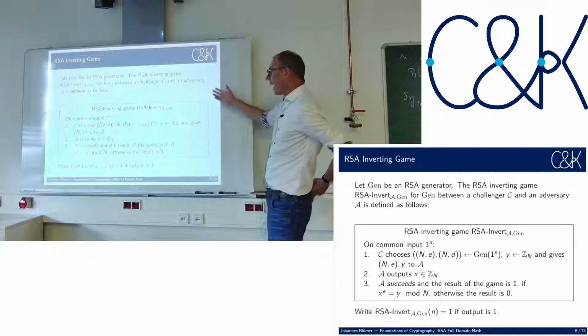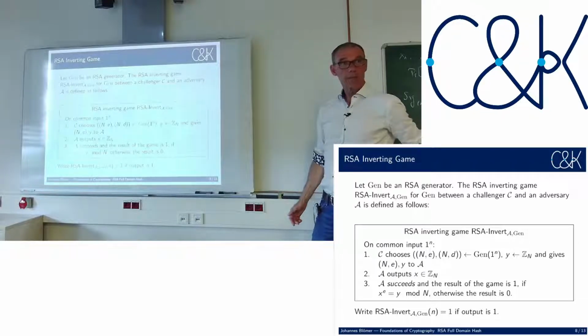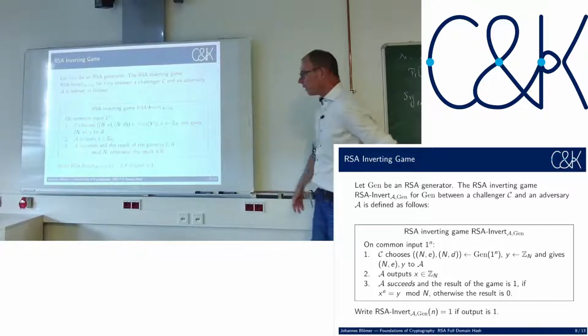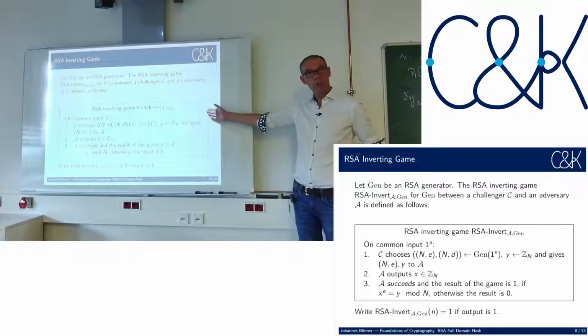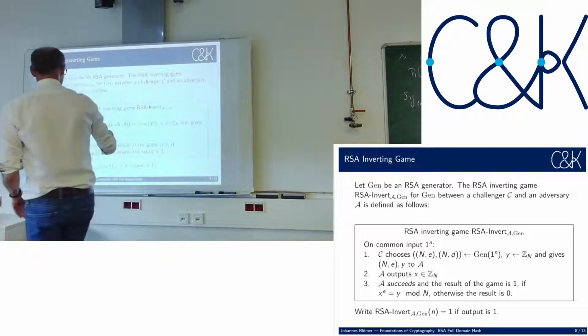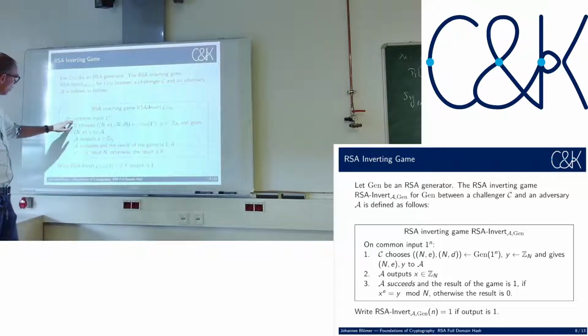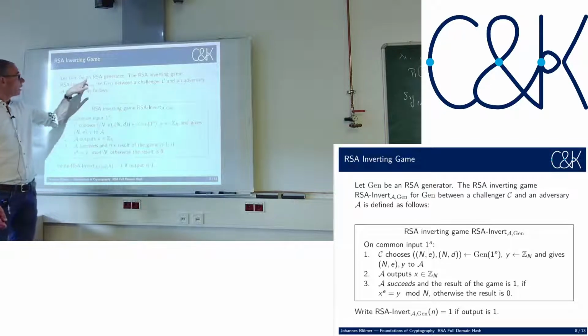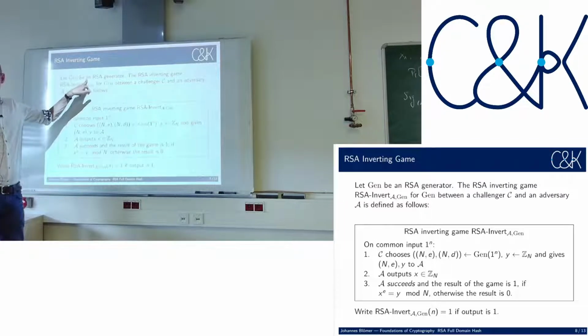We define a game, namely the RSA inverting game, between a challenger and an adversary. And this game here is very much similar to the inverting game for one-way functions. And it goes as follows. On common input 1 to the n, the challenger chooses the key pair (N, e), (N, d) using the specific key generator, the RSA generator that we are talking about.